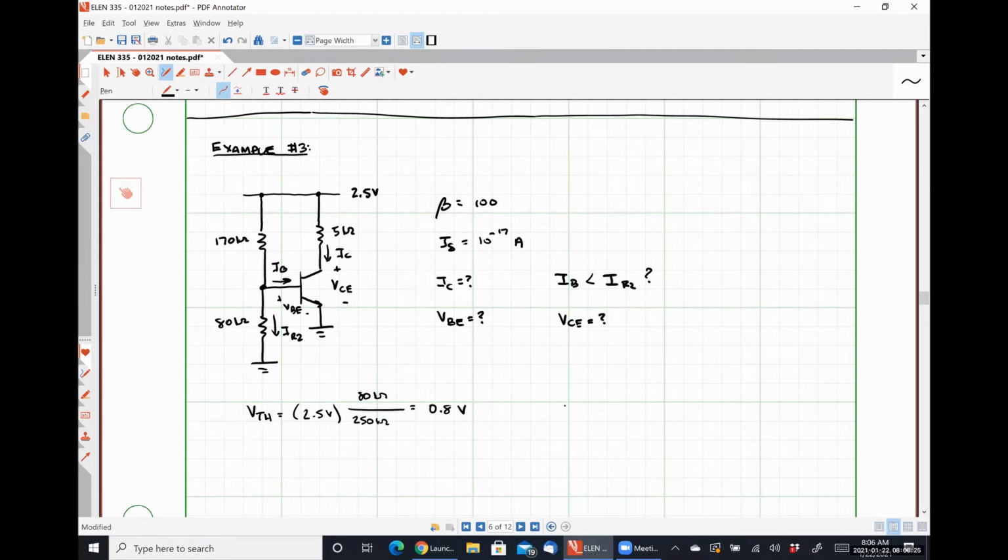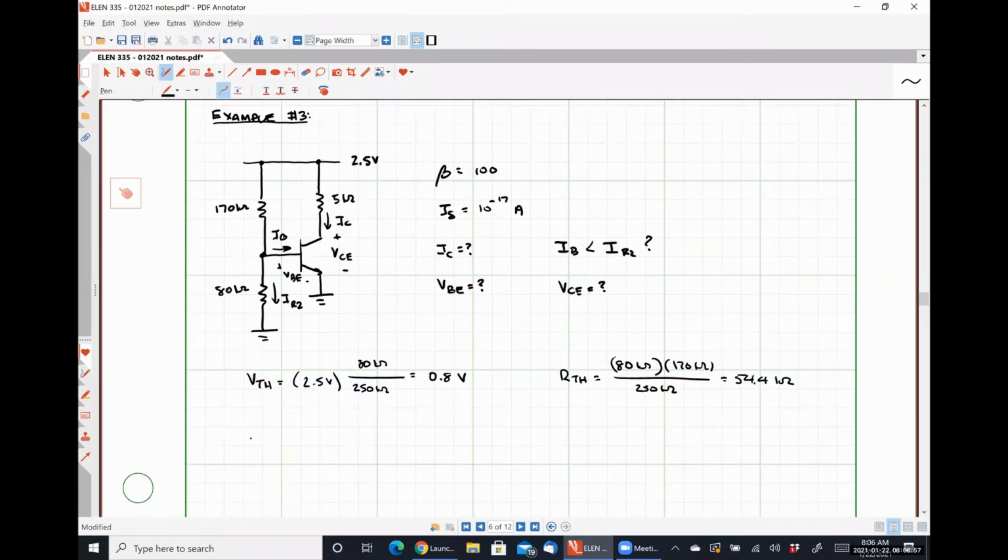Our Thevenin resistance is the 80 kiloohm resistor in parallel with the 170 kiloohm resistor. So that's 80 kiloohms times 170 kiloohms divided by 250 kiloohms, which gives us a Thevenin resistance of 54.4 kiloohms.